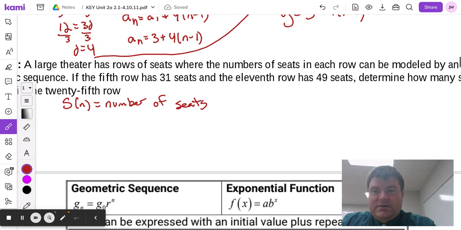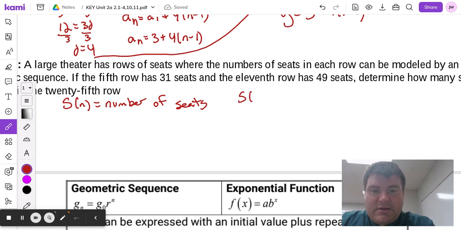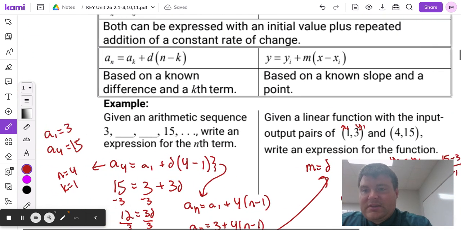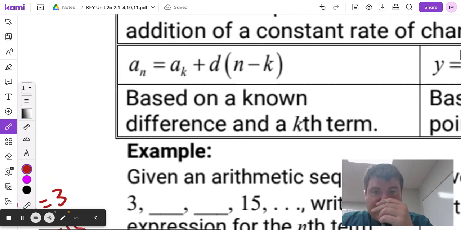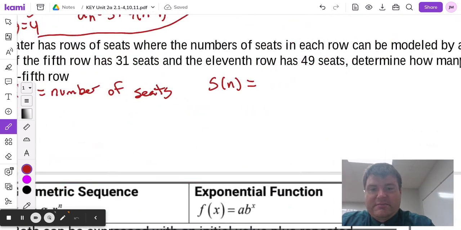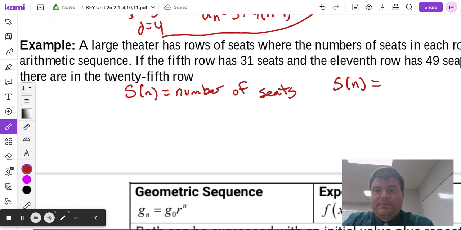So what do I know about S sub n? S of n equals, and I'm going to use this formula up here, a sub n equals a sub k plus d times n minus k. So what do I know?